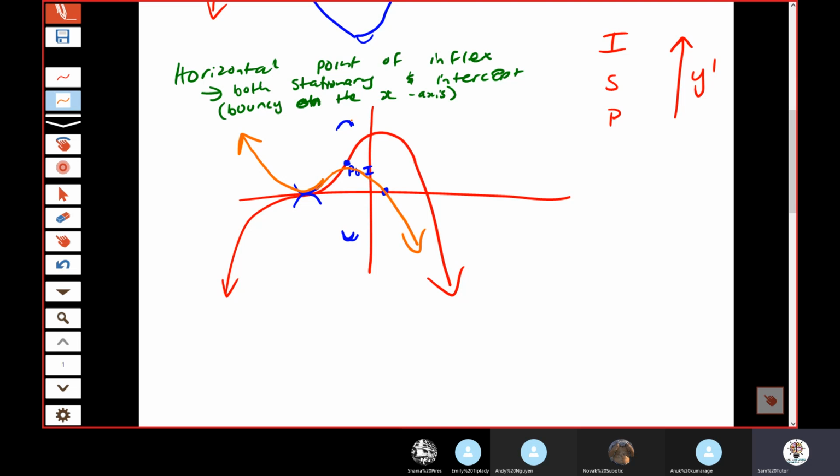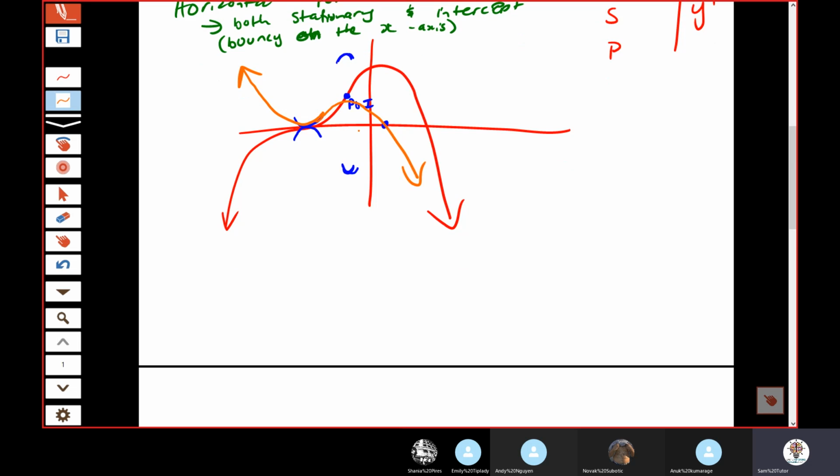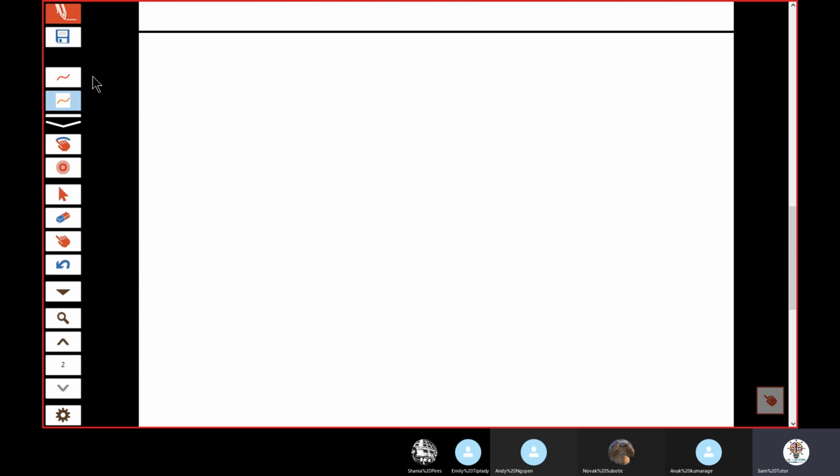Last one is, what if I had an asymptote? So let's combine everything. Let's do a horizontal point of inflection with an asymptote case, and then you can rest assured you'll be fine, no matter what question you get.